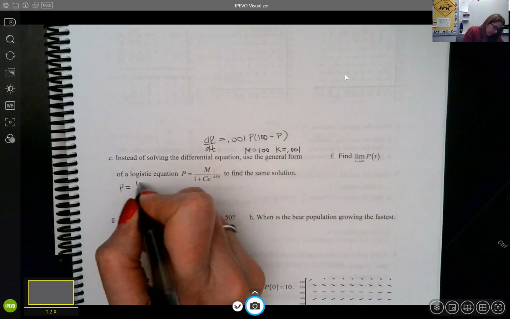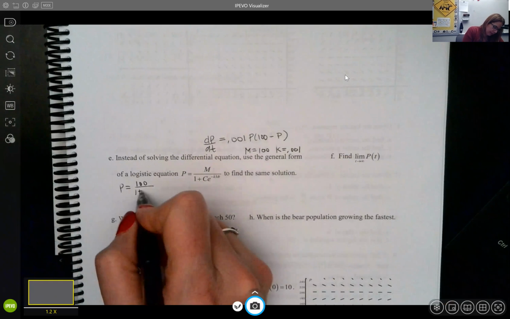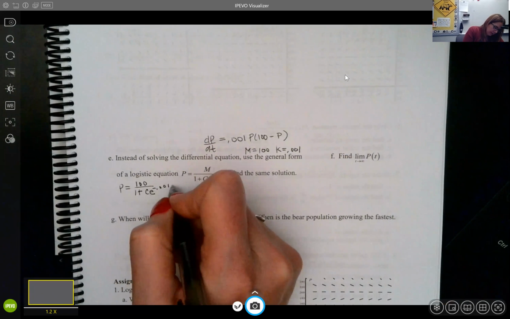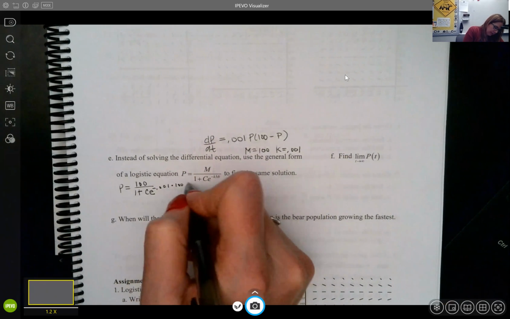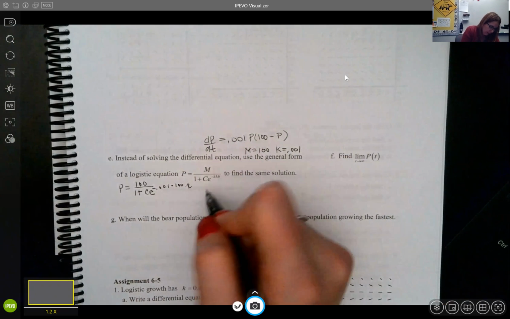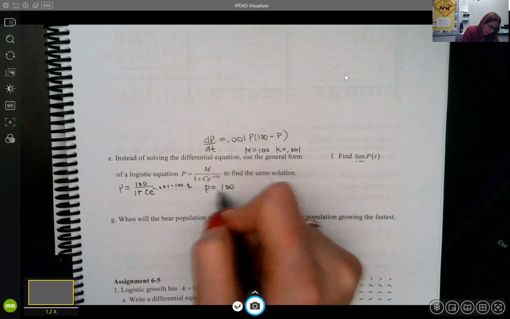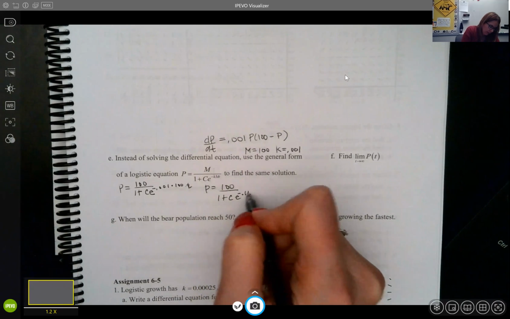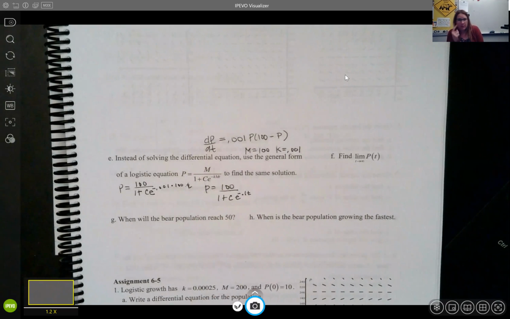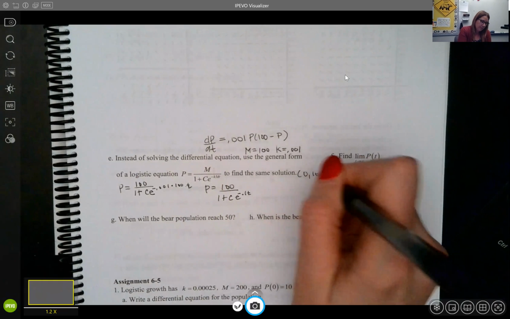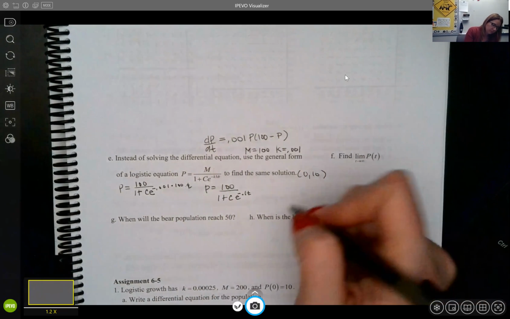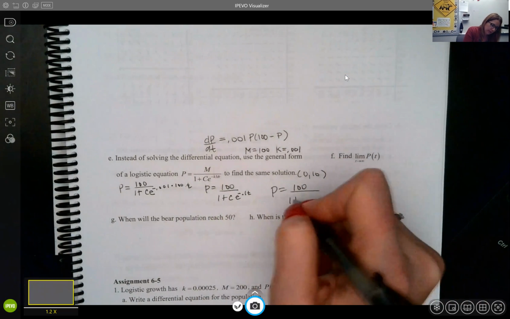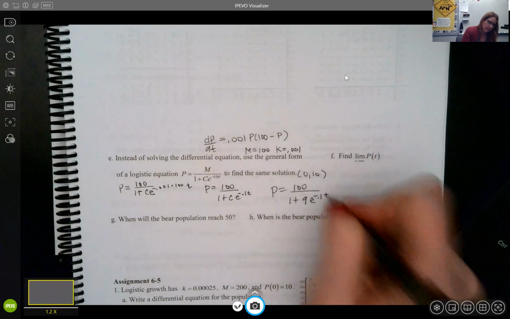P equals 100 divided by (1 plus c e to the negative 0.001 times 100 times t). Then we end up with the same equation, 100 over (1 plus c e to the negative 0.1 t). We then use our initial condition of (0, 10), and we get p equals 100 divided by (1 plus 9 e to the negative 0.1 t).